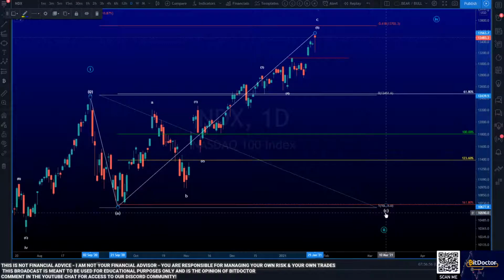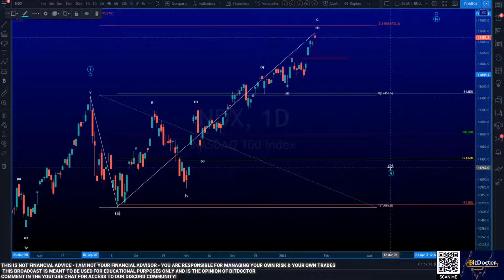Based on what I'm looking at here, I don't think it's going to come back this far. I think that wave 2 more than likely is going to pull. It actually might stop here, but I would be surprised if it did. I'd be more inclined to say 11.8 or 11.4. So one of these two levels I think is where we're likely going to pull back to.